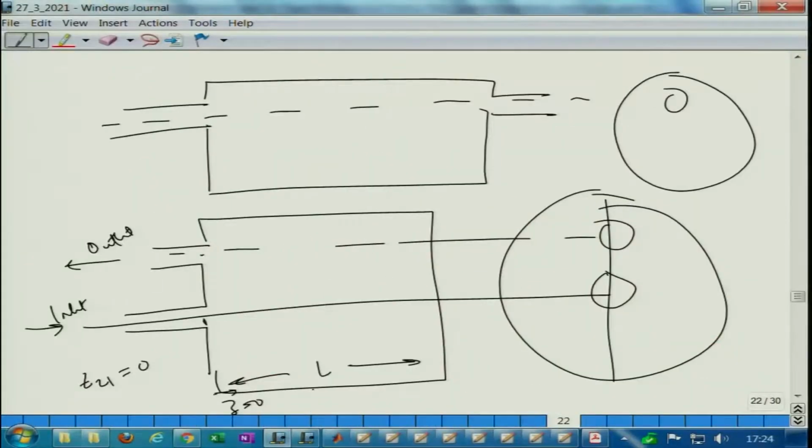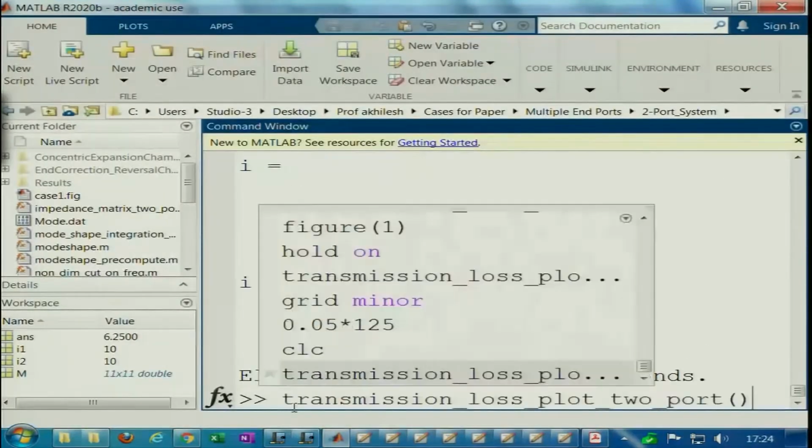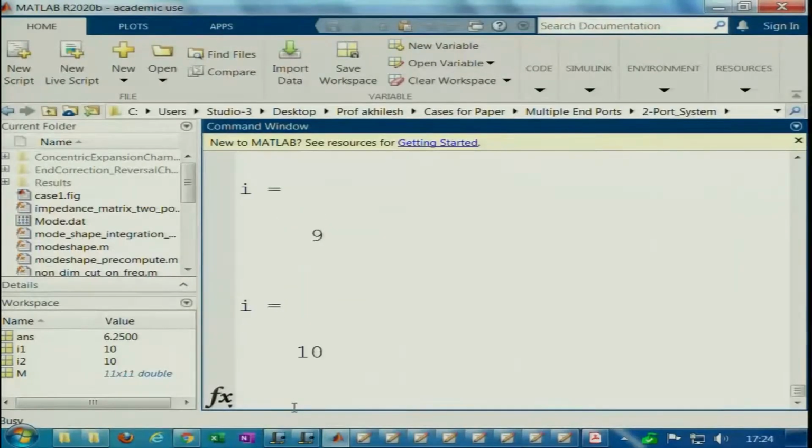What it means is that we are considering a much shorter chamber. One port is at the center, the other is at delta, and delta is 0.6276 R naught. You will see just in a while a fantastic broadband attenuation even a short chamber can provide, provided that you offset the inlet and outlet properly.